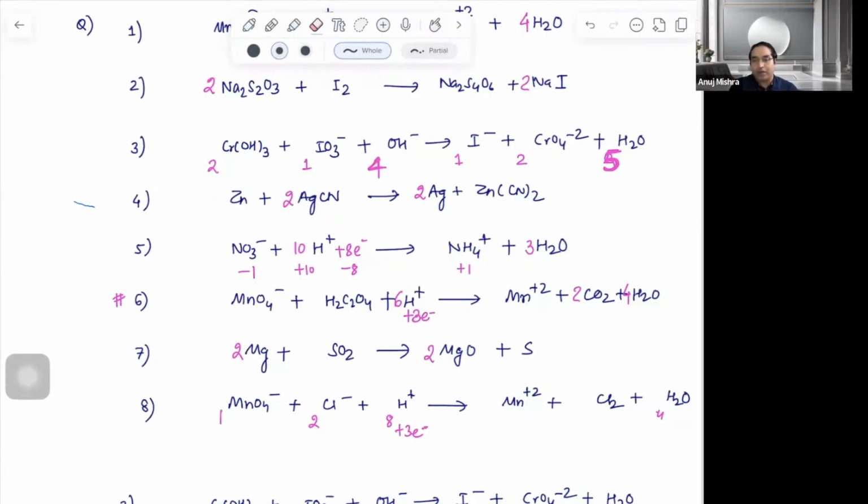Third question: first you balance Cr, OH whole thrice, IO3 minus, and all is fine. Oxygen you have to check. That's why we have to write 4 OH minus to balance it properly and 5 H2O. So these are the numbers you have to keep there itself.